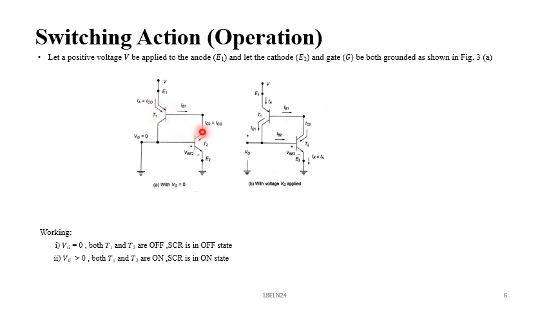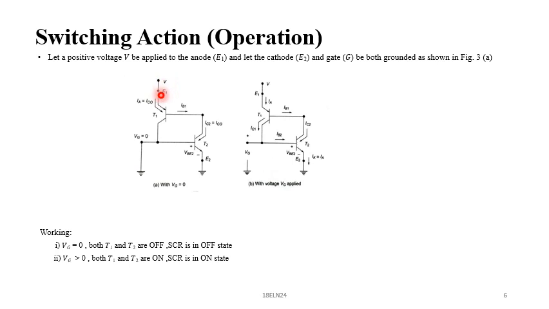So transistor T2 is in the off state, and at the same time this current is very small, so by using this current it is not possible to turn on transistor T1. So transistor T1 is also off. So when Vg is equal to 0, both T1 and T2 are off.